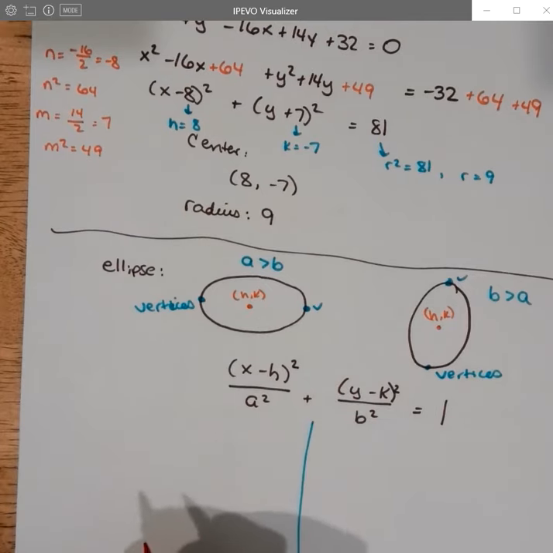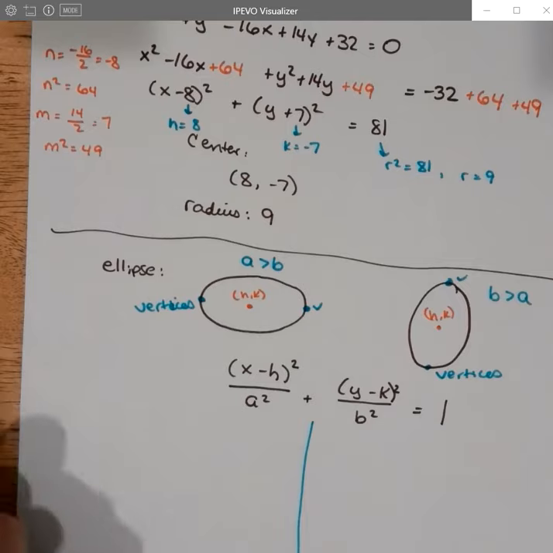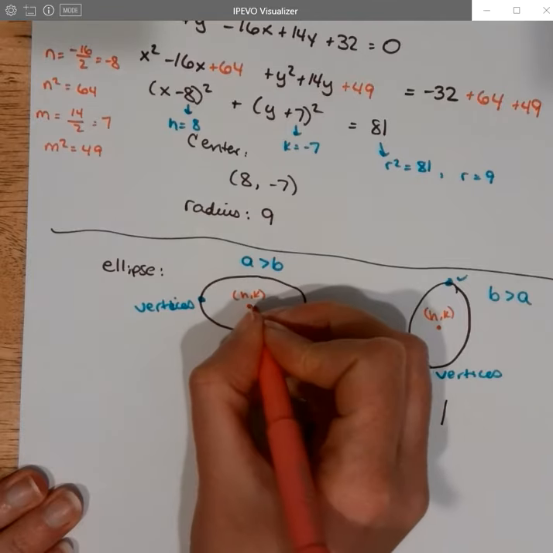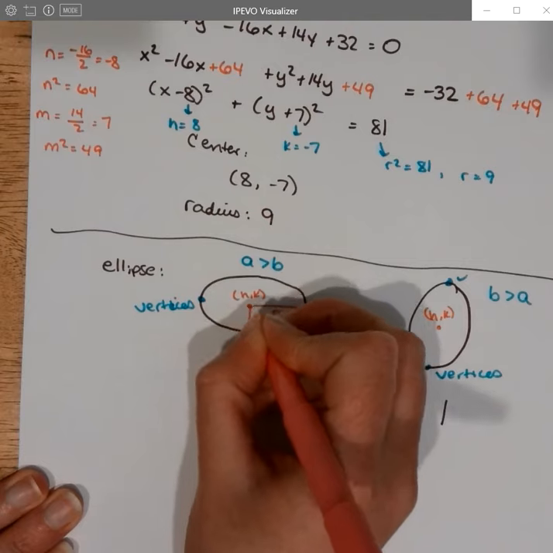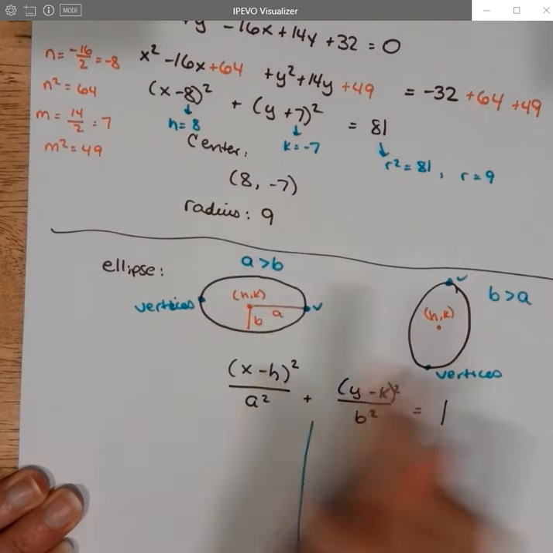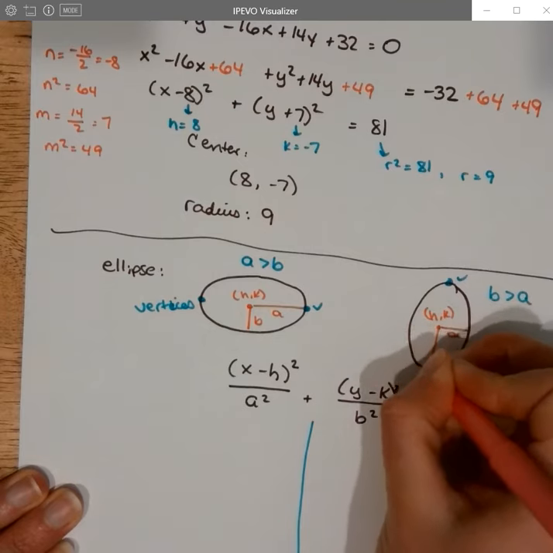And so we have our vertices. The vertices are going to be a distance away that corresponds with whatever a or b is. So we're a distance a away and b away from both edges. So this one's again a distance a away and b away.